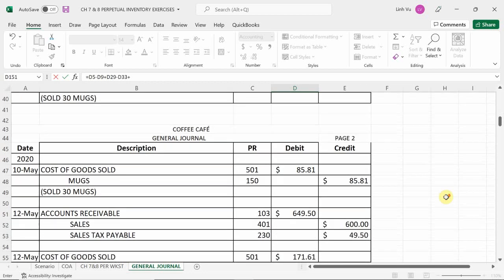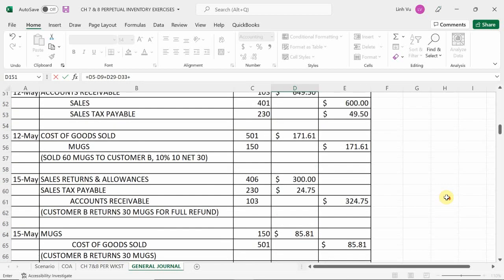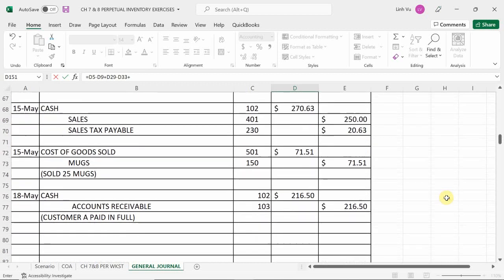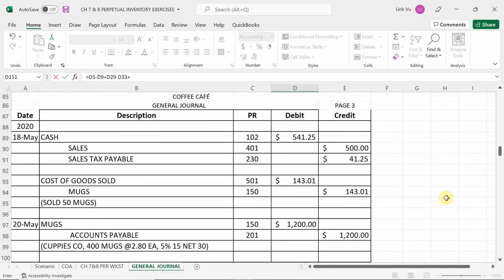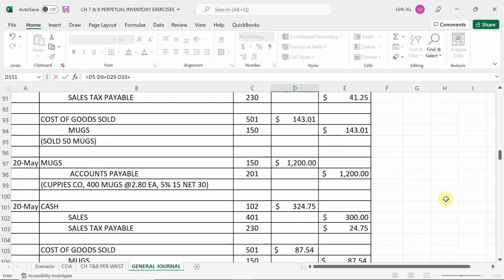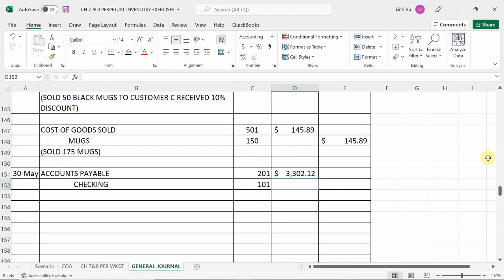And then the very last purchase I made was on May 20th. I purchased a total of 400 units, which increased my total accounts payable by $1,200. So in this case, I owe in grand total $3,302.12. That's how much I owe in grand total.